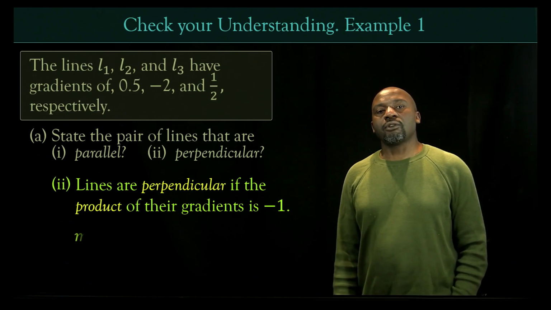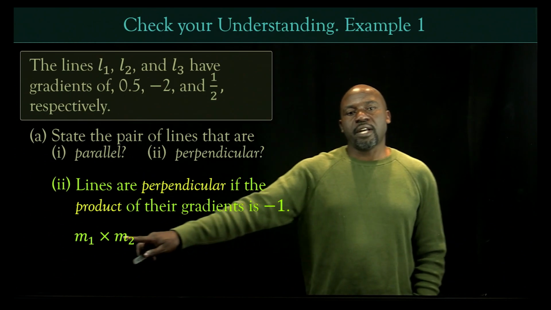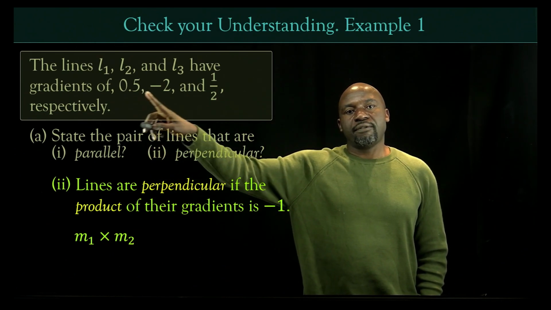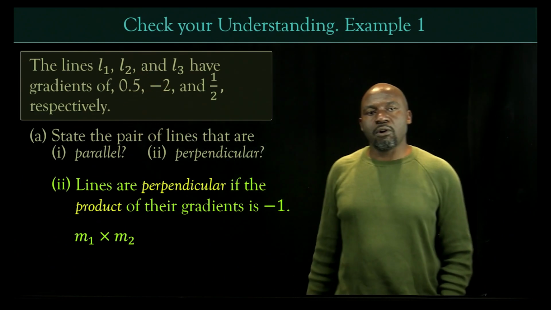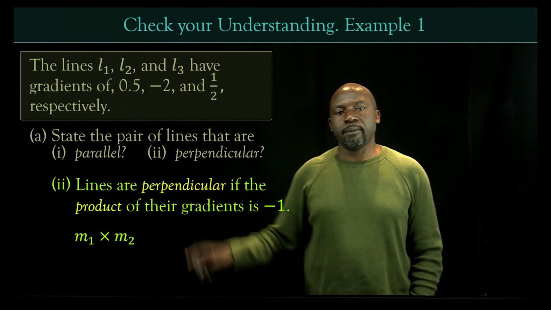Clearly, if I take the gradient of line 1 and multiply by the gradient of line 2, 0.5 times -2 gives me -1. So clearly line 1 and line 2 are perpendicular.